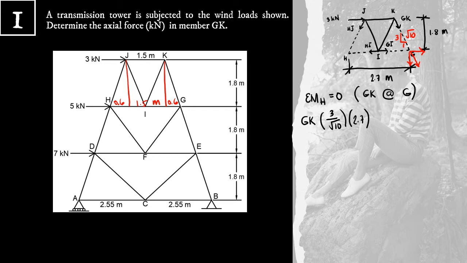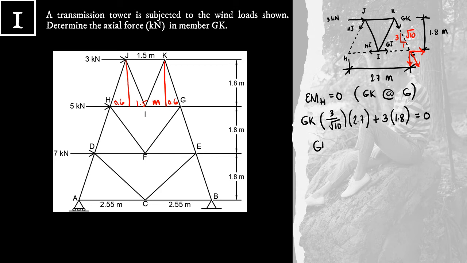And for the 3 kilonewton horizontal external force, its moment arm from point H is 1.8 meters. And it also tends to rotate clockwise. So this is equal to 0.